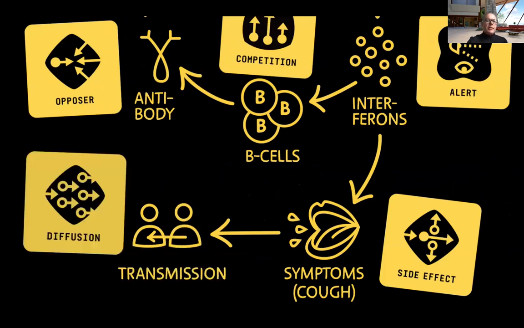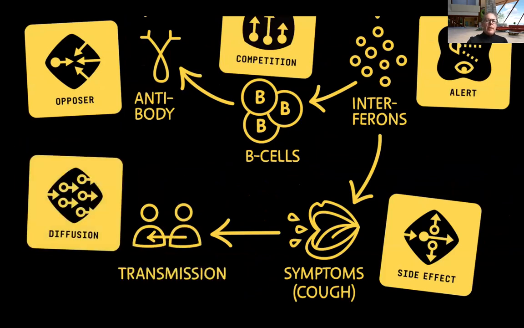And this is the mechanism of transmission between people, right? So the very way in which the body tries to defend itself against a virus is in fact the means of transmission, which is the evolutionary mechanism by which viruses are able to spread.